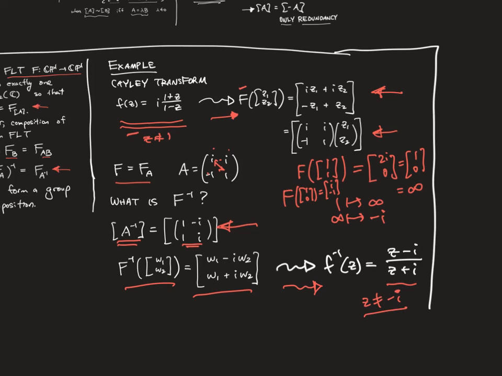So minus i is not in the domain of little f, but in big F it is. I can put in (-i, 1), and this maps to infinity. And this is the inverse function, so it's no surprise, but you can check that infinity maps to 1.